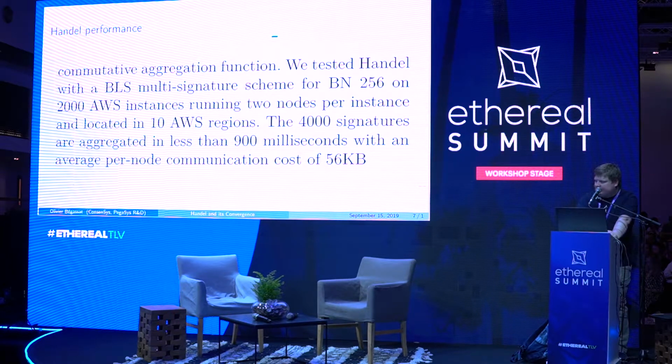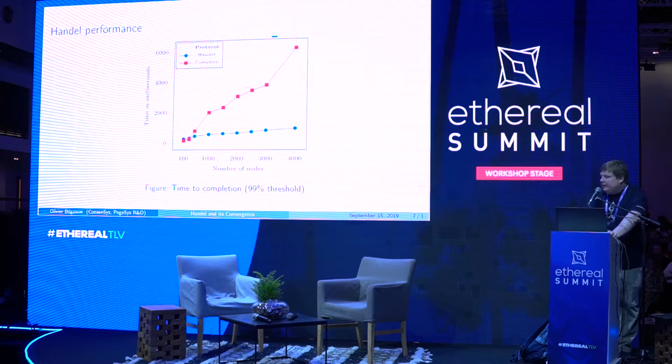And the instances were located in 10 different AWS regions, in order to ensure varying latencies. What Handel achieves is that it is able to aggregate those 4,000 signatures in under a second, with an average per-node communication complexity which is on the very low end. Here is a graph that pits Handel against the complete graph aggregation technique.